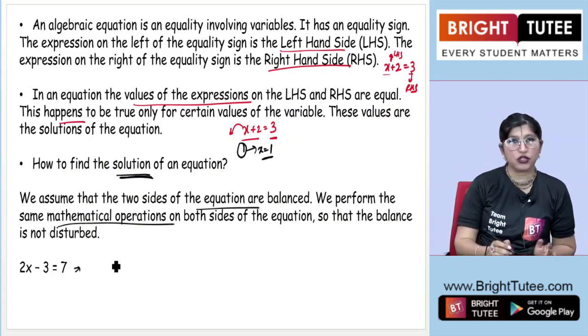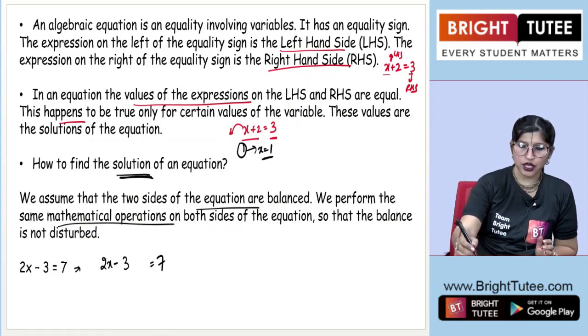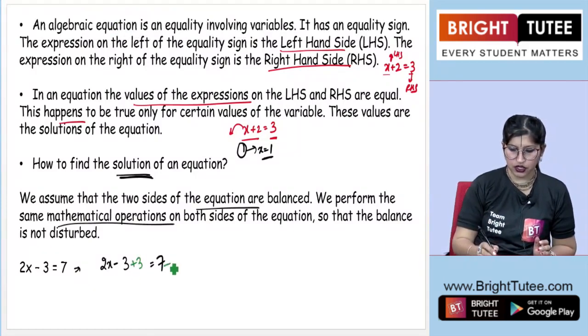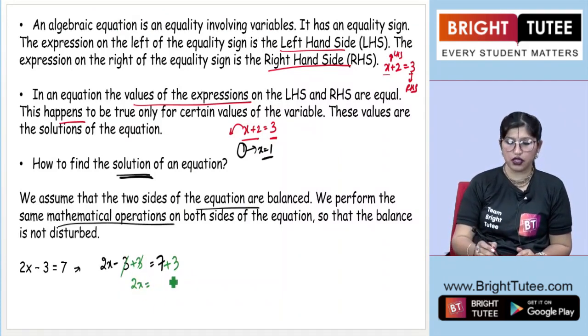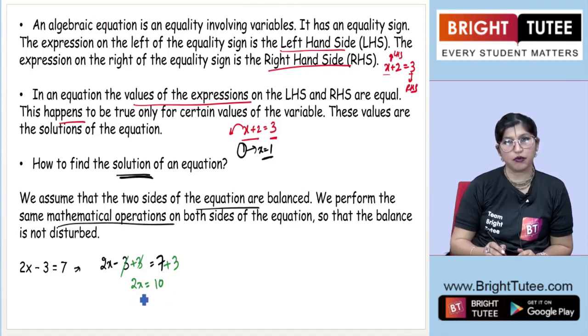To balance, we'll add 3 to both sides. So we add 3 here and add 3 here. This 3 and this 3 cancel out, so we get 2x equals 7 plus 3, which is 10.